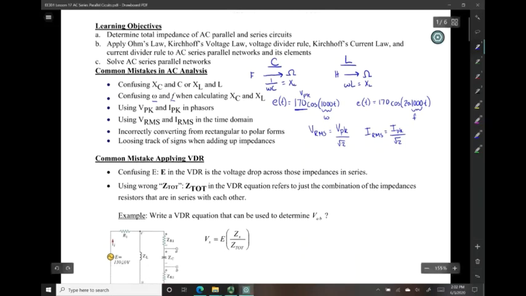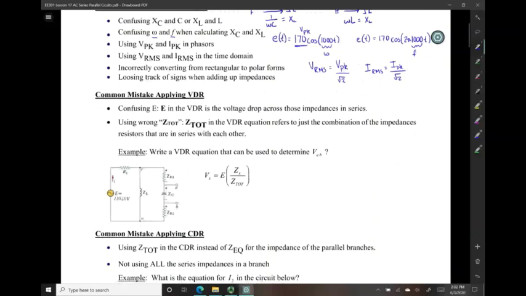Moving on to mistakes applying the voltage divider rule, we see that we'll confuse the E right here in our voltage divider rule as the voltage drop across the impedance in series. Since E is typically used as the symbol for the voltage source, and not necessarily the voltage across a series of elements, it's better to think of the formula in these terms.